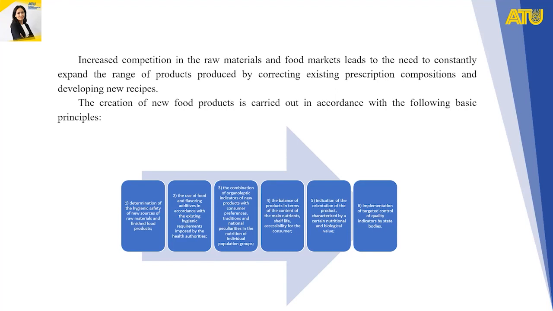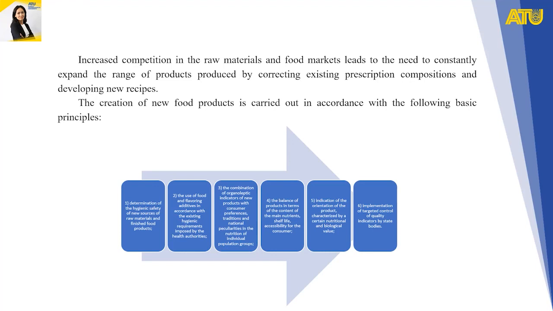Determination of the hygienic safety of a new source of raw materials and finished food products. The use of food and flavoring additives in accordance with the existing hygienic requirements imposed by the health authorities. The combination of organoleptic indicators of the new product with consumer preferences, traditions, and national properties in the nutrition of individual population groups.